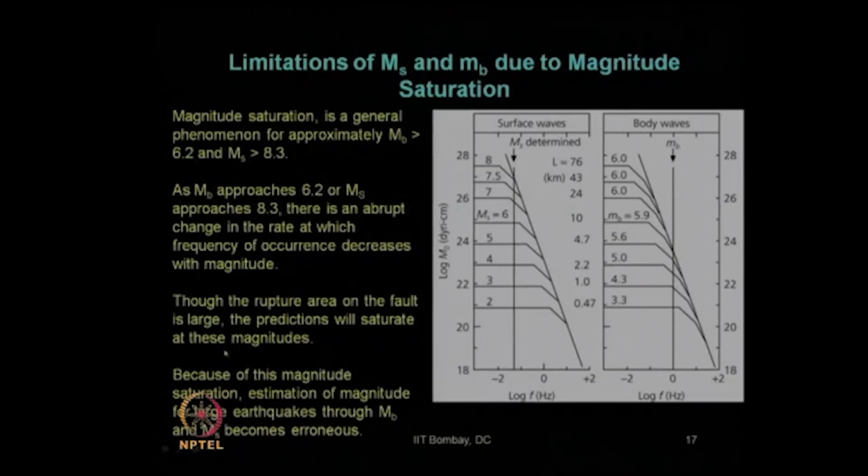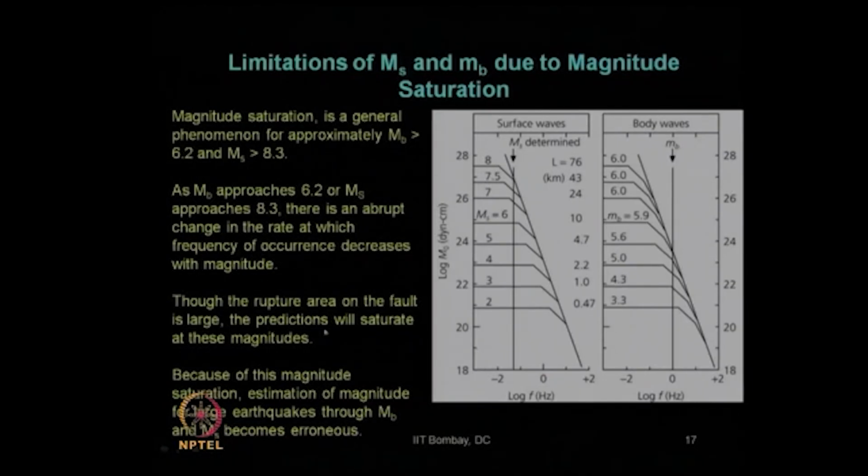Let us first understand what is written. As the body wave magnitude MB approaches the value of 6.2 or MS value approaches the value of 8.3, there is an abrupt change in the rate at which frequency of occurrence decreases with magnitude.